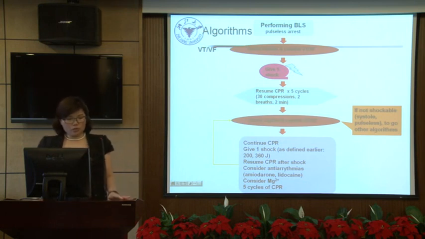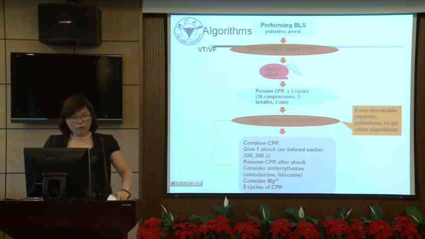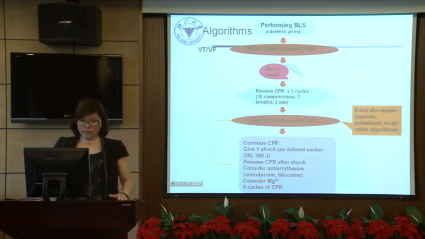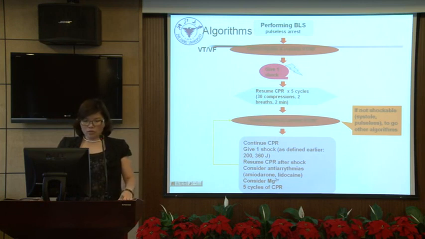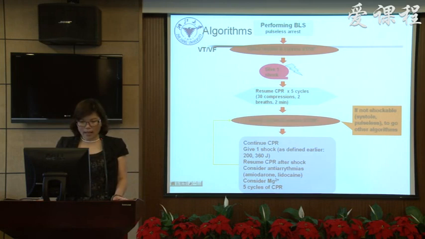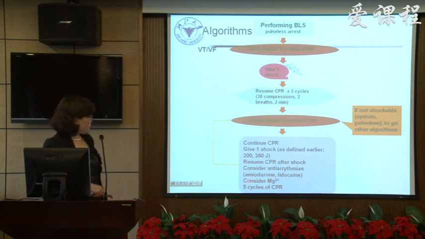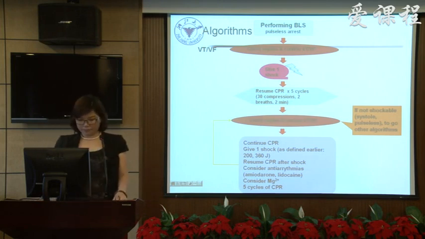If you can confirm the patient suffers from ventricular tachycardia or ventricular fibrillation, continue CPR immediately and give one shock as defined earlier, and resume CPR after the shock, and consider anti-arrhythmia drugs, for example lidocaine, and also continue 5 cycles of CPR.